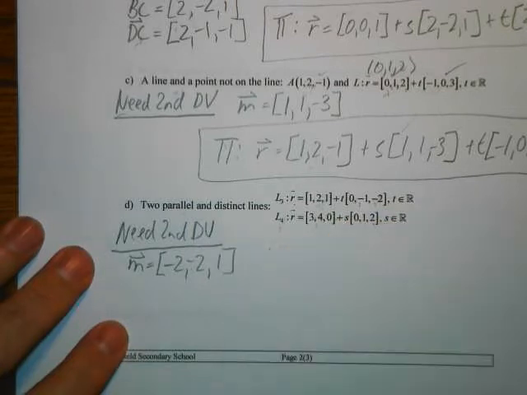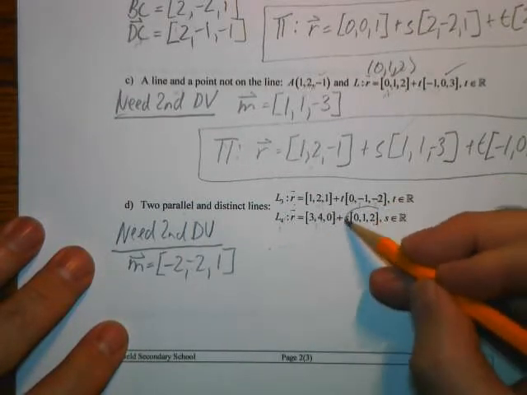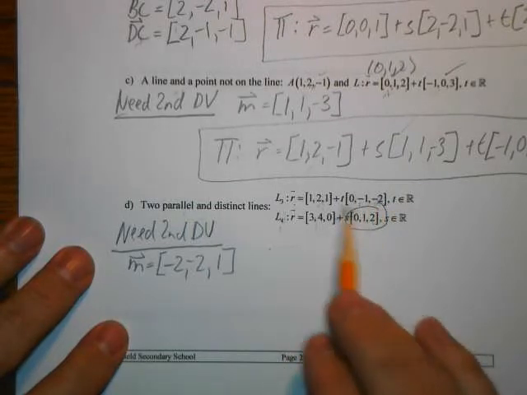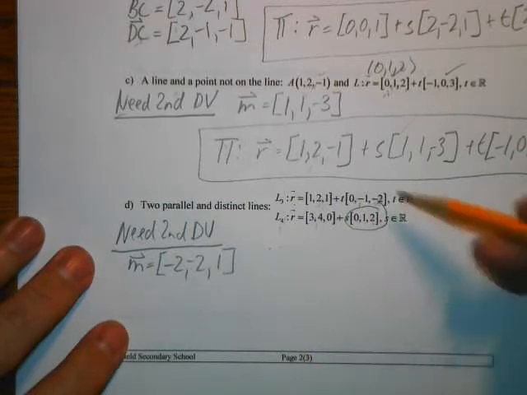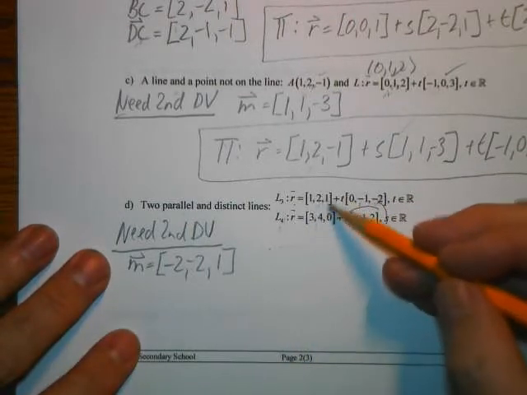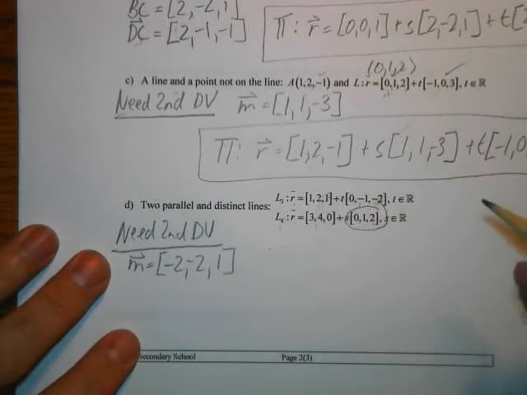So -2, -2, 1 is my second direction vector. I'll use it as my first so they don't have the negative signs. You could use that as your first, nothing wrong. And I can use either one of these position vectors because both of those points are on the plane.